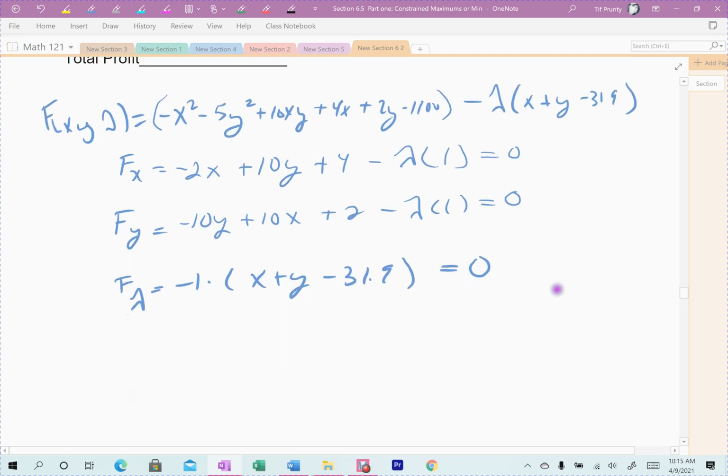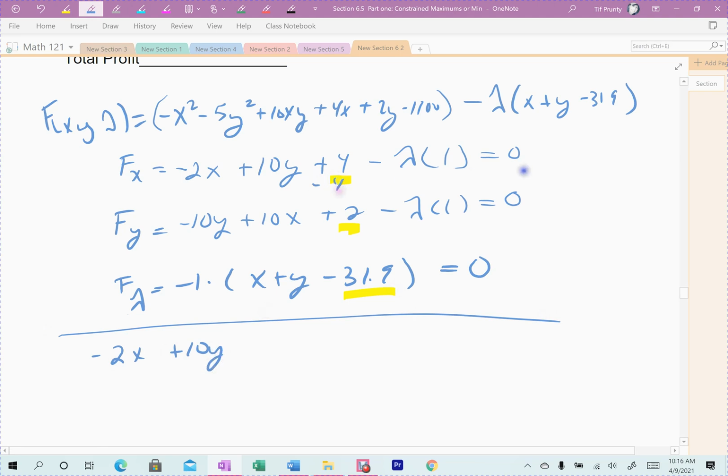Right, it is a linear case. There's only x terms, y terms, lambdas, and constants. So just be careful in this case. All right, I do have constants I have to move over in every term. And so before I put it in my matrix, I'm going to rewrite it. Right? X term, y term, lambda term equals my constant term. All right, so in the first equation, it's negative 2x plus 10y. I have to move the 4 over.